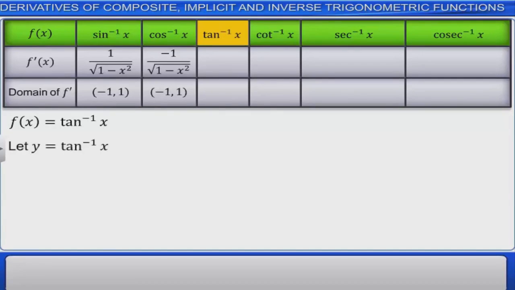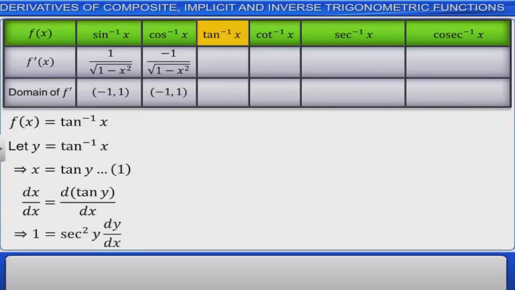Now, let's differentiate both the sides with respect to x. We know that the derivative of tan y with respect to x is equal to sec squared y into dy by dx. This implies that dy by dx is equal to 1 divided by sec squared y.